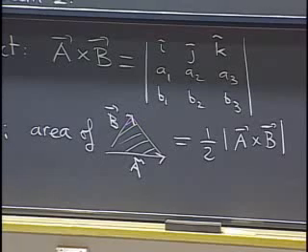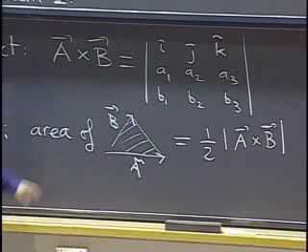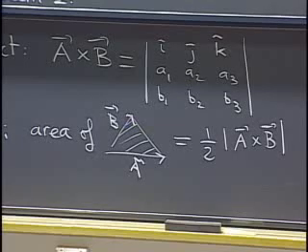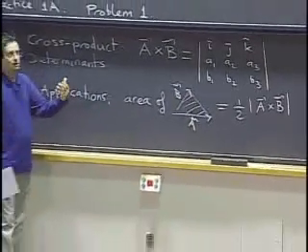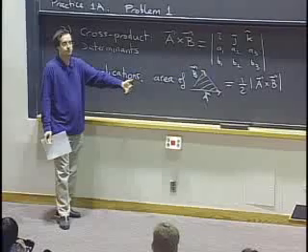And the other application of cross product is to find a vector that's perpendicular to two given vectors. So in particular, to find the vector that's normal to a plane and then find the equation of a plane.